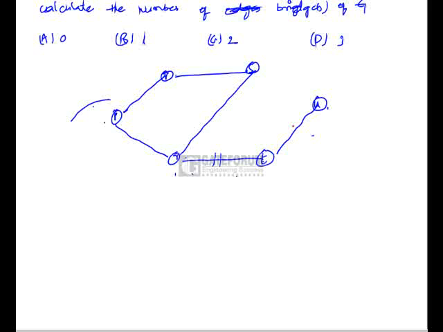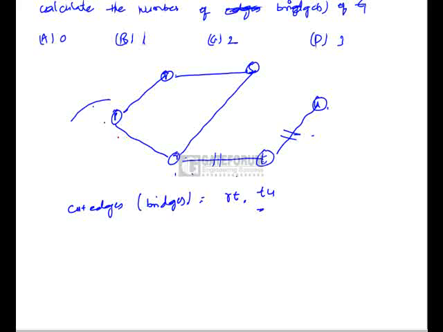And if we delete the edge between T and U, that is, if we delete this edge, the graph would be disconnected into two components. So we can say there are two cut edges. Cut edges are nothing but bridges. So the bridges are RT and TU.